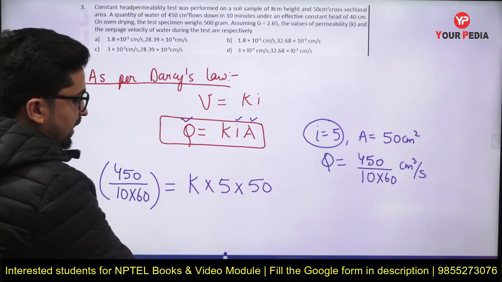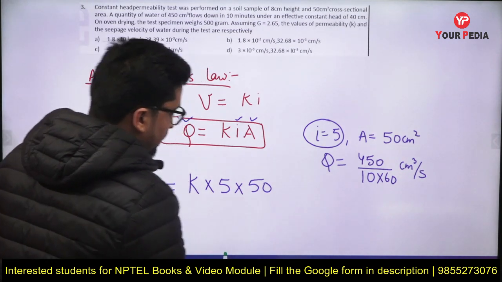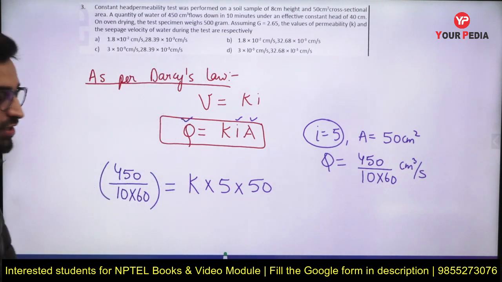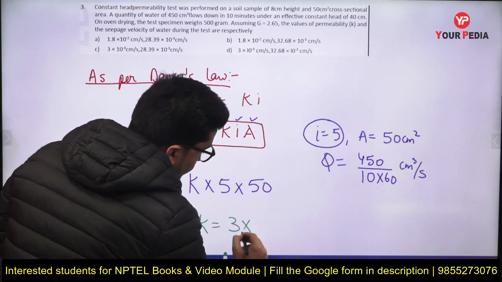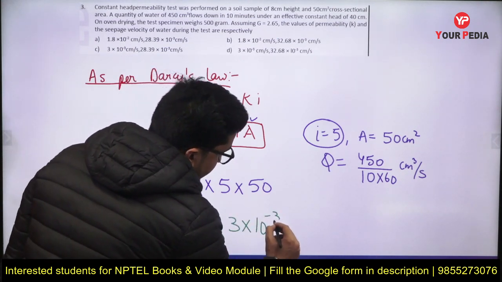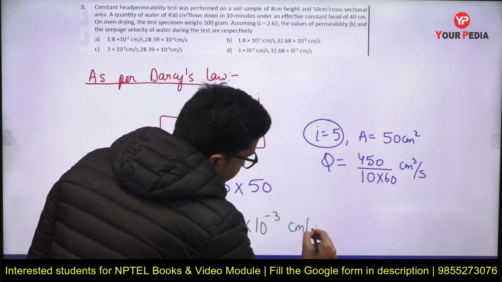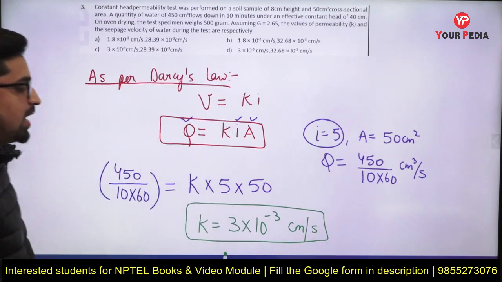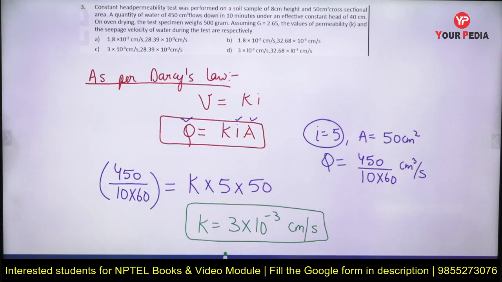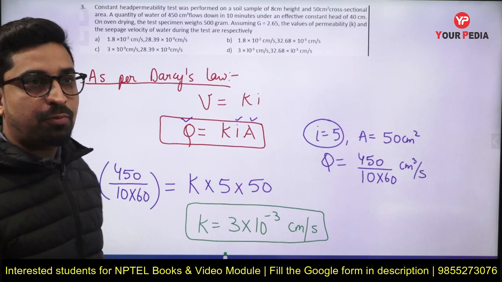Solve this and you will get the coefficient of permeability, or the K value of the soil sample, equal to 3 into 10 raised to power minus 3, and the unit of the K value will be centimeter per second, correct. So the K value of the soil sample is 3 into 10 raised to power minus 3 centimeter per second.